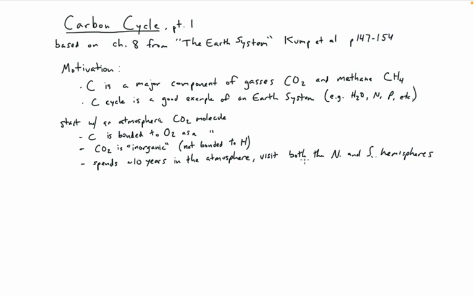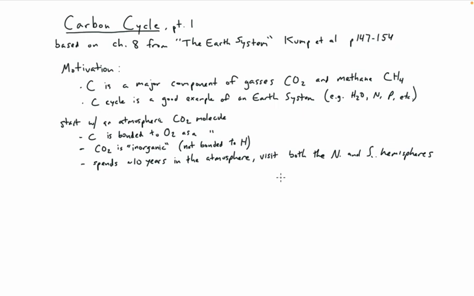This is important to note. Sometimes students don't realize how well mixed the atmosphere is. The carbon that we release in New York City goes all over the world in this relatively short amount of time, kind of like a drop of food coloring in a bucket of water.